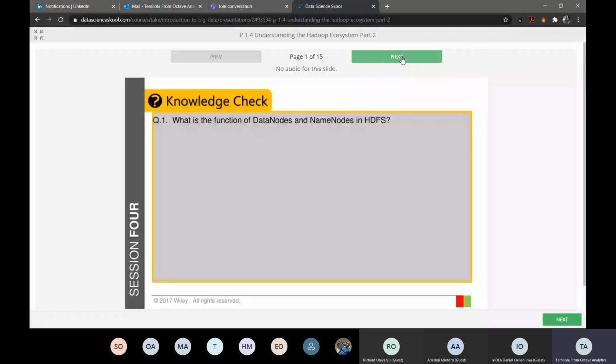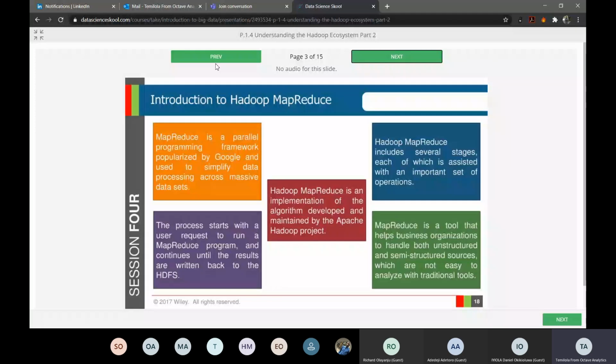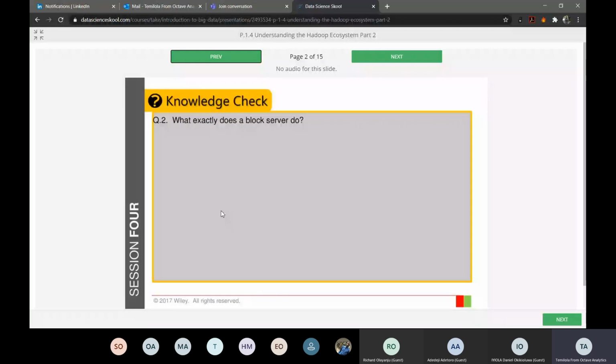Okay, so we have another question here. What does a block server do? Who's going to answer this for us?